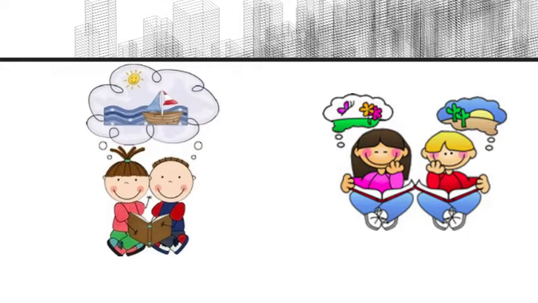So first of all, visualizing is a skill that is essential for building reading comprehension. We know that when readers lose their mental picture, comprehension is lost as well. So as we read, we create mental images of what is happening in the story as it unfolds, based on what we already know and understand about the world around us.